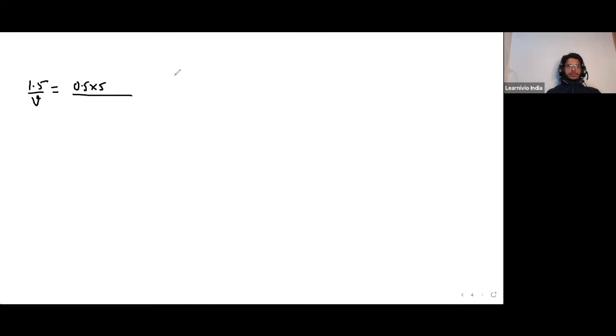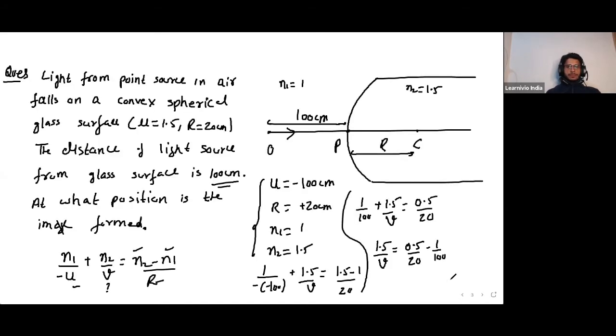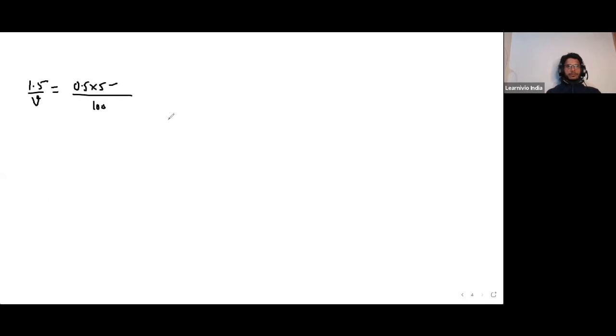So it's 0.5 into 5, minus 1. So we are left with 1.5 by V is 2.5 minus 1, it's 1.5 by 100. 1.5 will cancel this 1.5. V is 100 centimeter.